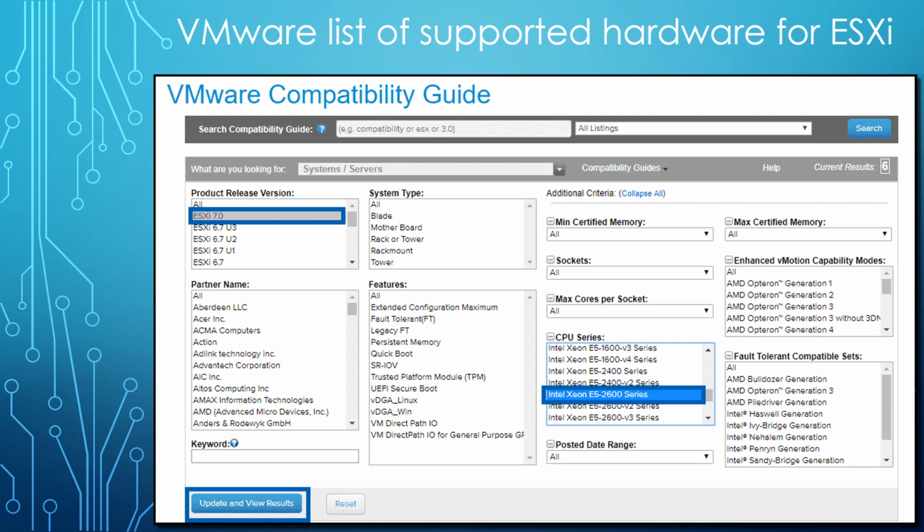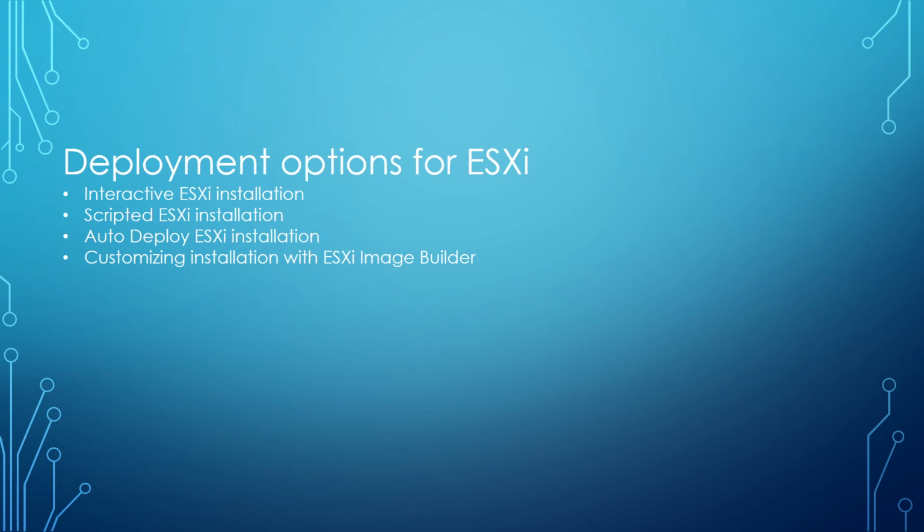Hardware virtualization has to be enabled to run 64-bit virtual machines and a minimum of 1 gigabit or 10 GB network adapter.